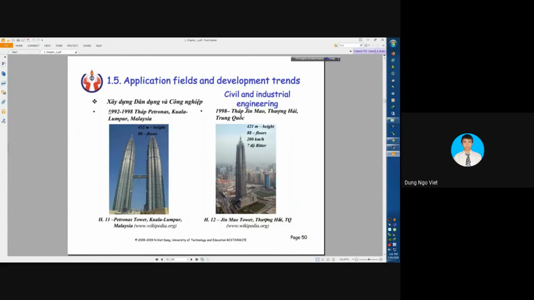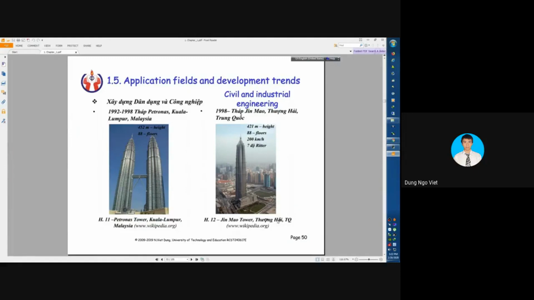It was built in 1992 and completed in 1998, with the height of 452 meters with 88 floors.